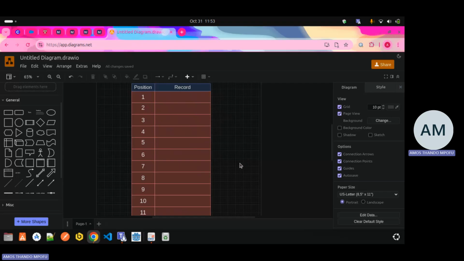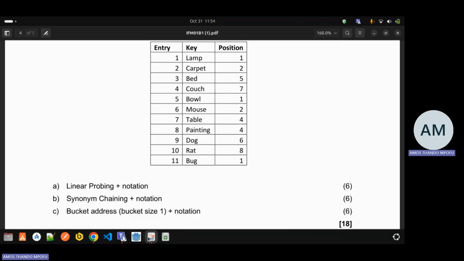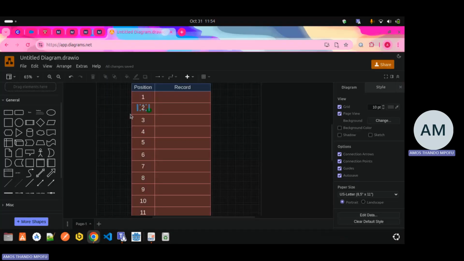The 2 pass one, what it does is you ignore the collisions and just put the ones with no collisions. Then in the next step, you do linear probing, which is basically looking at the next available places. That's the 2 pass algorithm. So keep note of those subtle differences. So lamp, index 1.